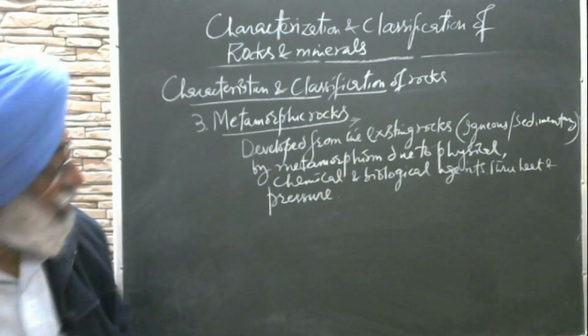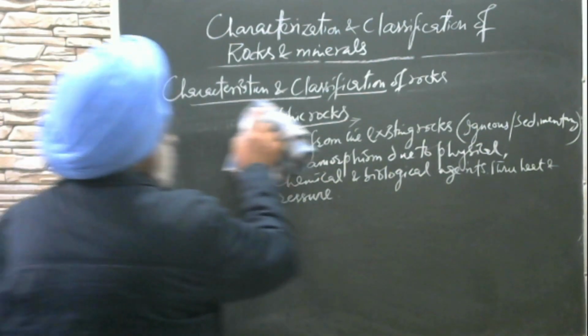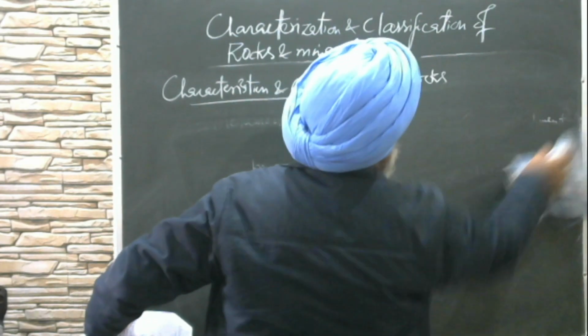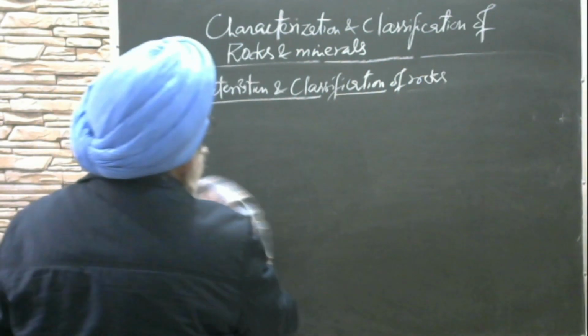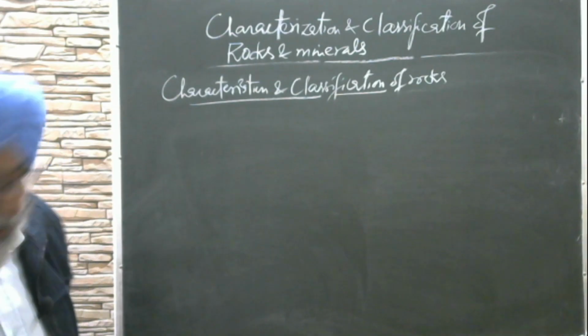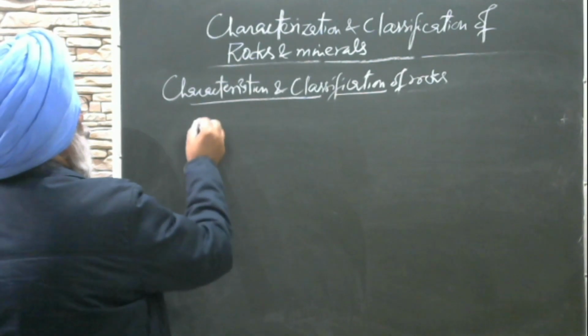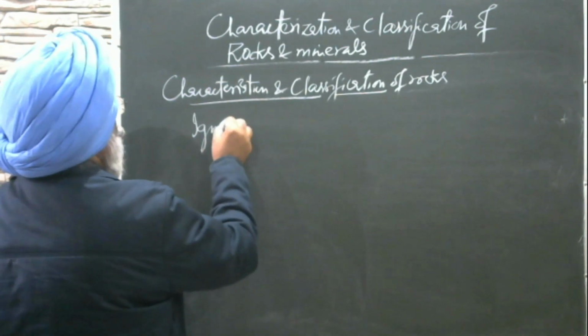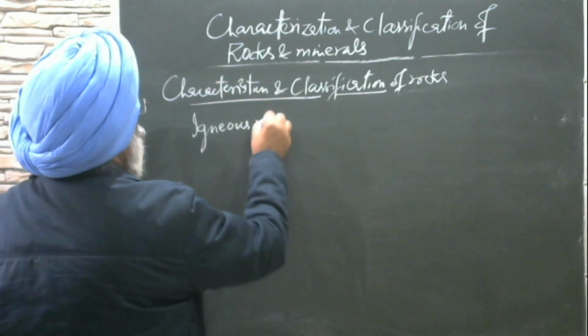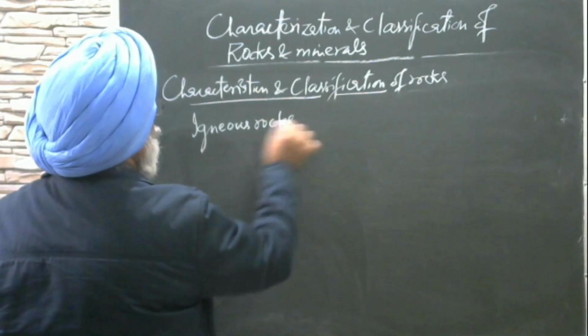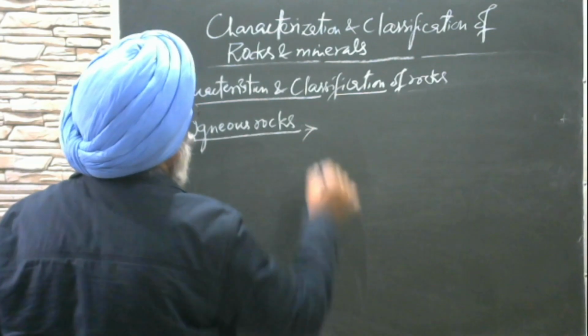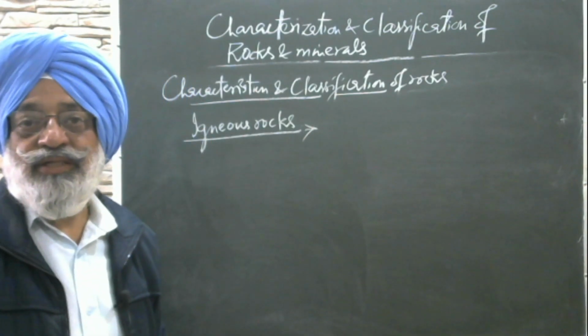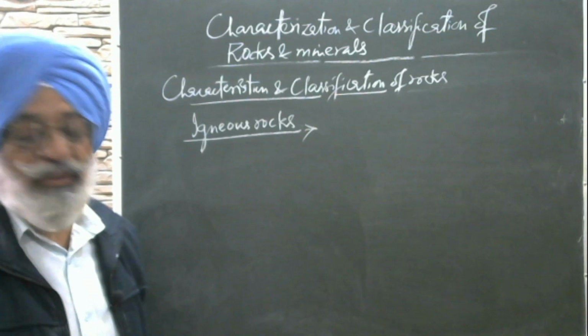Now classification. When we have to classify the rocks, first of all, igneous rocks. As I said, igneous rocks are formed from cooling and crystallization of molten magma.